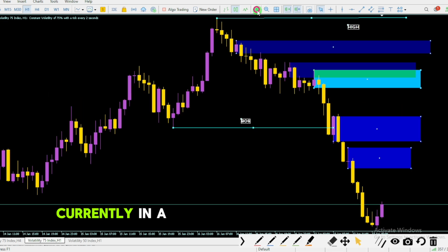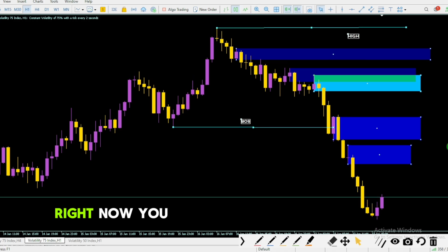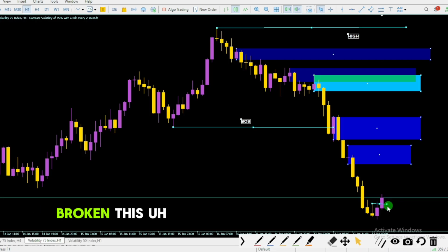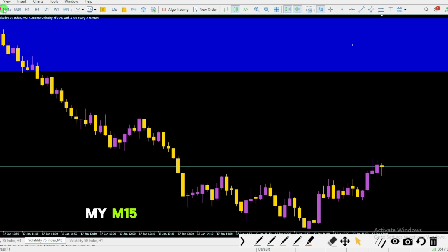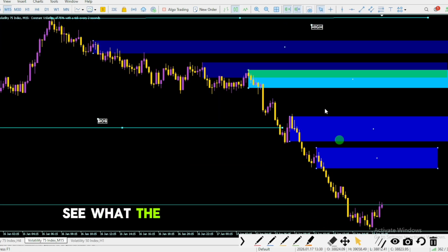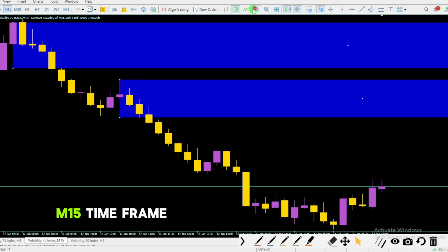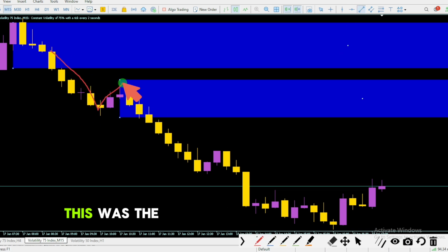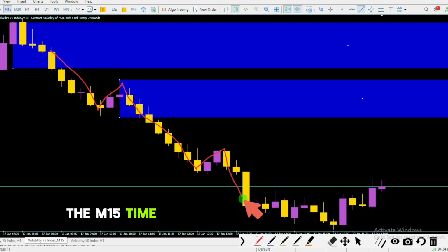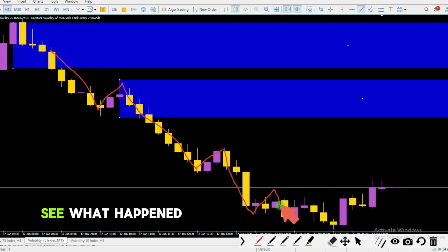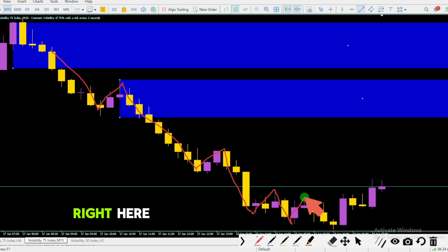So are we currently in a retracement phase? Right now you can see that this opposite candle has broken this yellow candle's high. So what I will do at this point is go down to my M15 time frame and see what the market is doing. Okay, now we are on the M15 time frame. What can I deduce from this market? This was the downtrend on the M15 time frame, and we can see what happened right here.